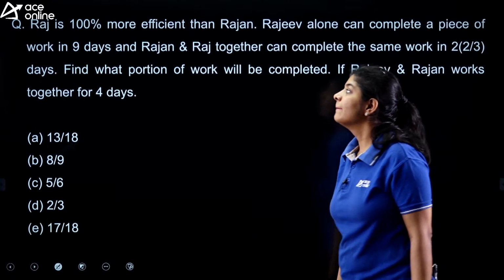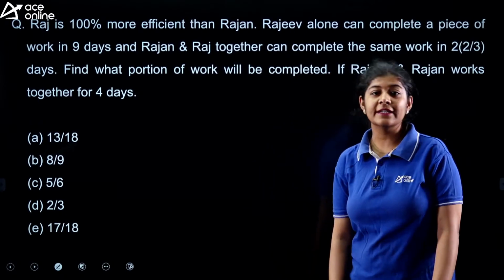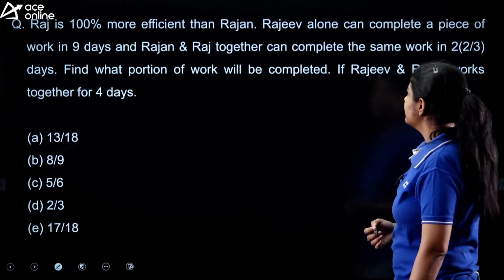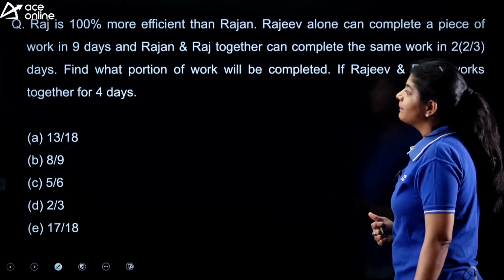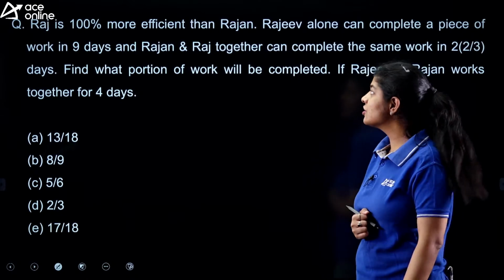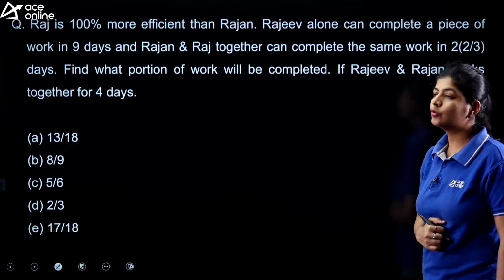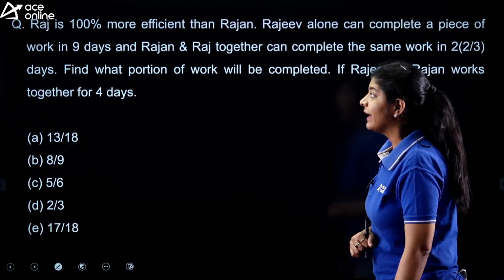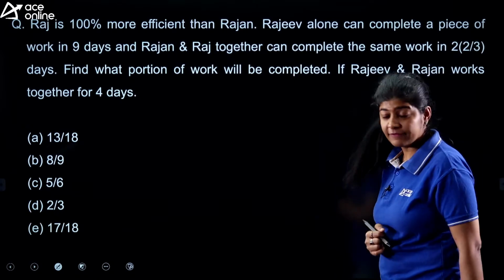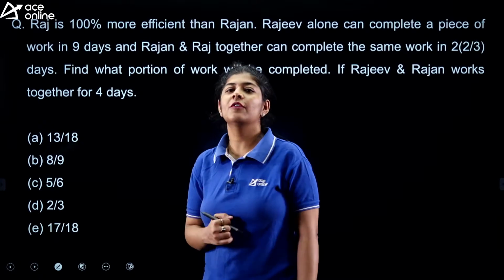Next. The next question says that Raj is 100% more efficient than Ranjan. Rajiv alone can complete a piece of work in 9 days, and Ranjan and Raj together can complete the same work in 2 by 3 days. Find what portion of work will be completed if Rajiv and Ranjan work together for 4 days.